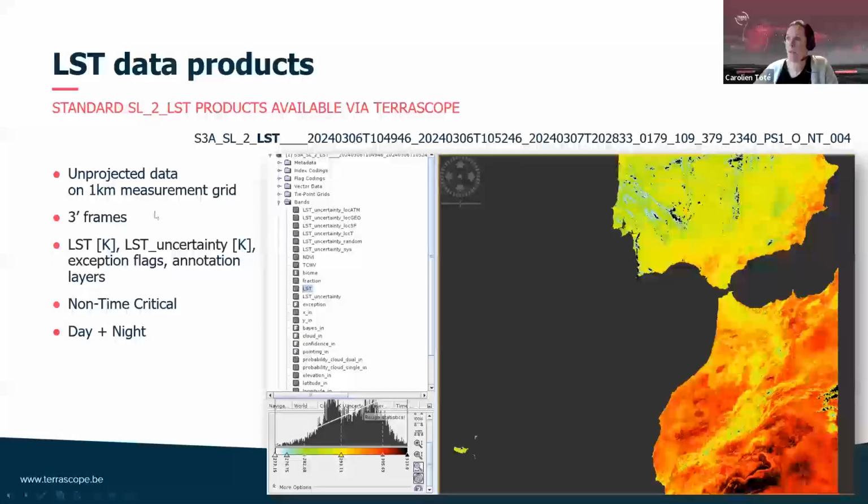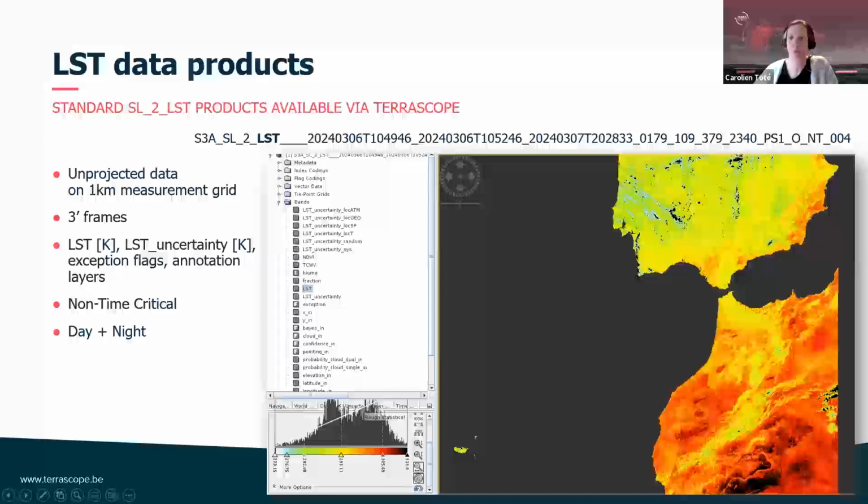The product contains a large number of bands. The most important one is this LST band in Kelvin that I displayed here. There is also an uncertainty band. There is a series of bands that indicate the different components of this uncertainty. So there is a random component, a systematic component, and then also the specific components related to the atmosphere, components related to geolocation, and so on.